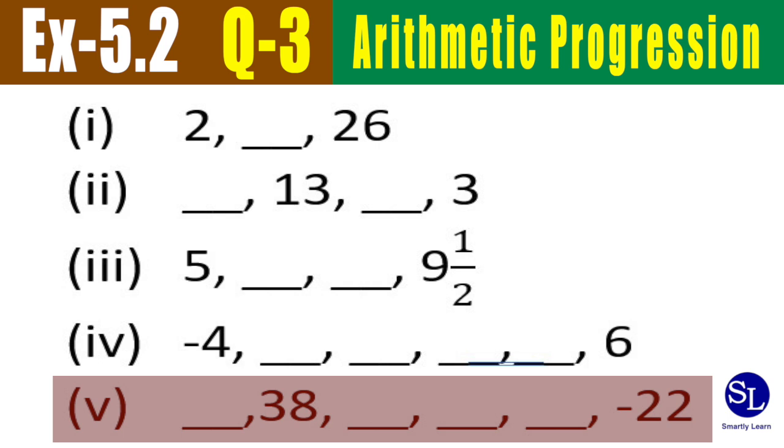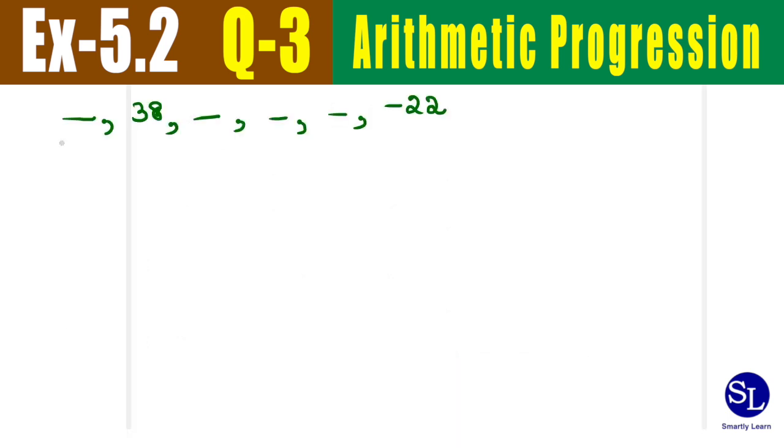It is a dash followed by 38, followed by 3 dashes, and then a minus 22. Let us note these terms. This is a plus d, a plus 2d, a plus 3d, a plus 4d and a plus 5d. Now, if I subtract a plus d from a plus 5d, I will get the value of 4d.